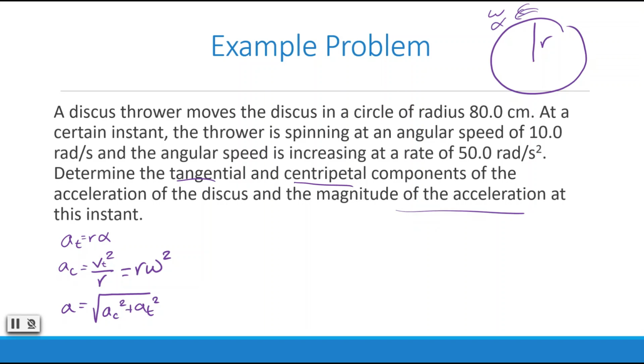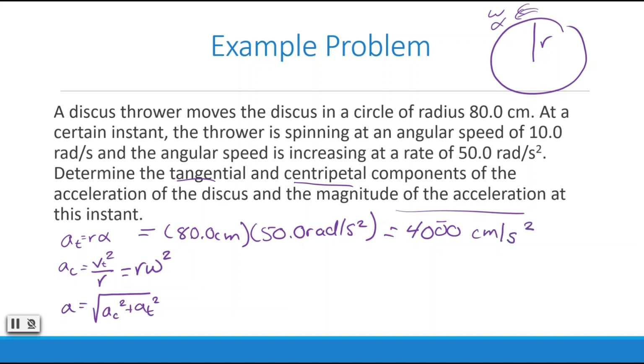So when we're looking at our tangential acceleration, our radius is 80 centimeters. Our angular acceleration is 50.0 radians per second squared, which if you plug that in gives you a tangential acceleration of 4,000. I need that zero to be significant. And that would be in centimeters per second squared.